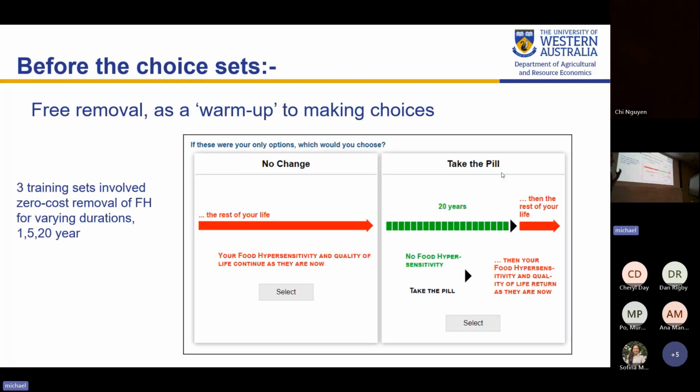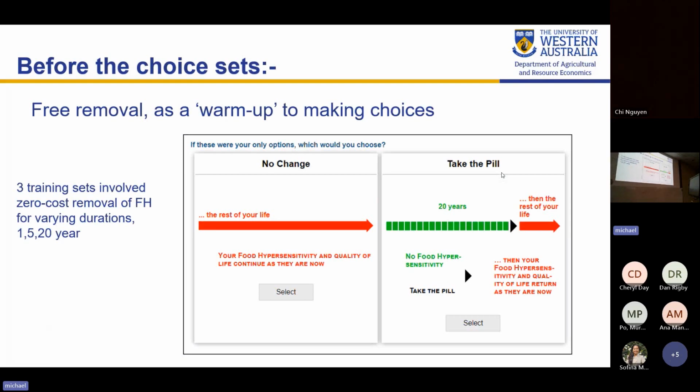No change, stay as you are, or you could have a pill which would give you this relief, which is going to last for 20 years. And then there was another warm-up which said, would you pay for it? So they were being led into understanding how these figures worked, and the trade-off on years and then cost.